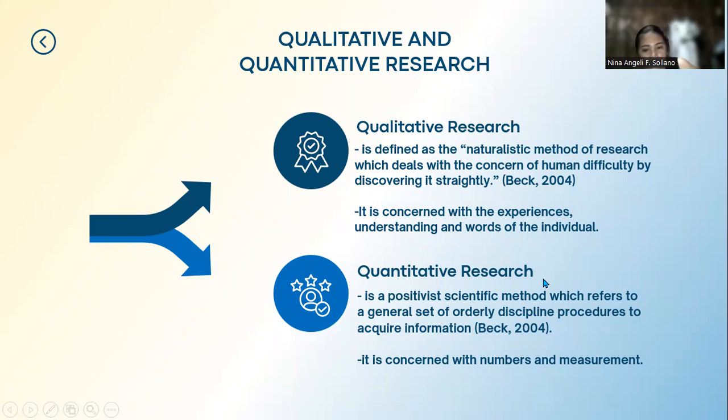In quantitative, according to him, it is a positivist scientific method. So it refers to a general set of orderly discipline and procedures to acquire information. So here it concerns numbers as well as measurement.